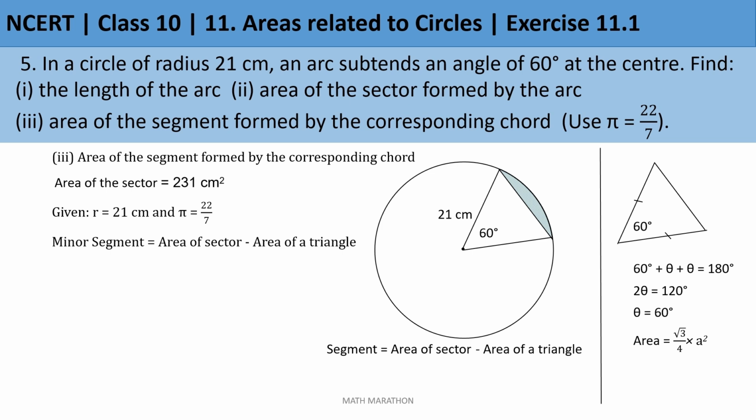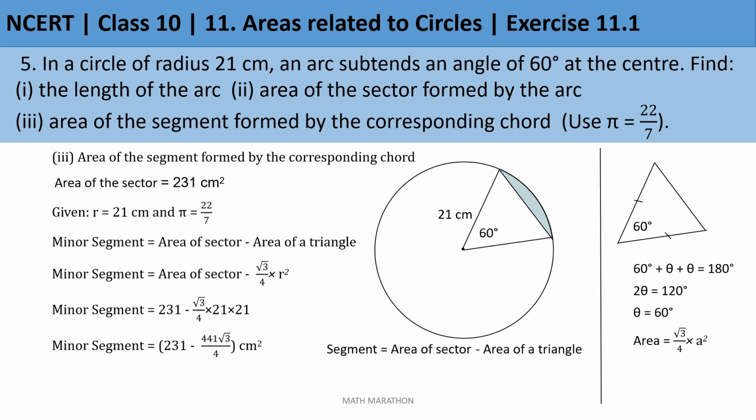Area of minor segment is equal to area of sector minus area of the triangle, which is root 3 by 4 r square. Area of minor segment is equal to 231 minus root 3 by 4, 21 square.